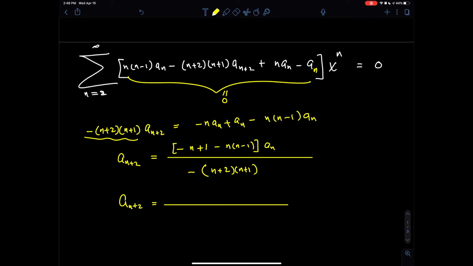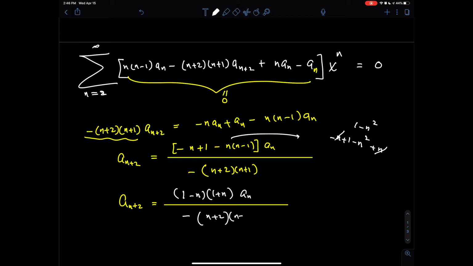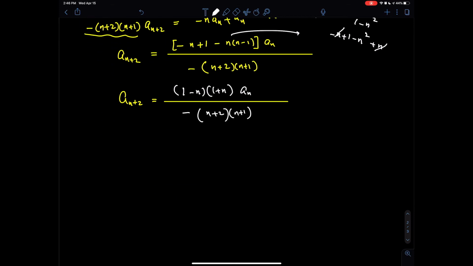So a n plus 2 will be, if I clean this up, here on the side I have minus n plus 1 minus n squared plus n. Minus n and plus n go away. So you end up with 1 minus n squared. So here you have 1 minus n, 1 plus n times an over minus n plus 2 n plus 1. Now I can clean that up even further, so a n plus 2 is equal to, well, these two go away.